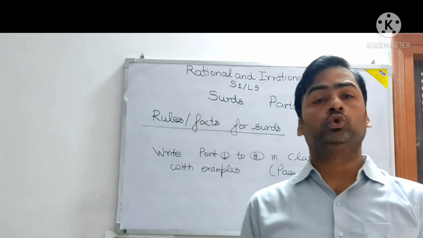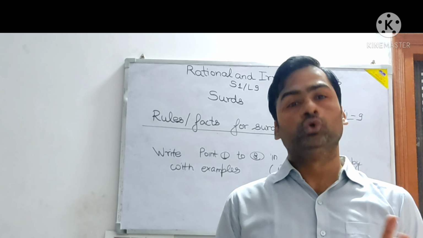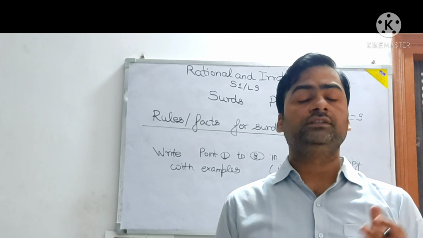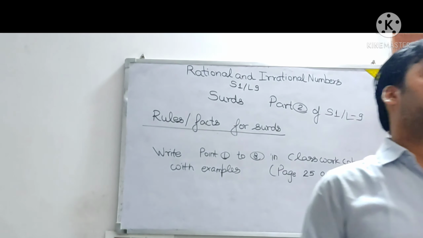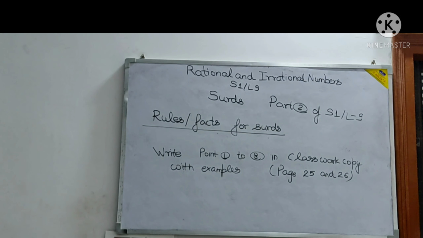Like root 2 plus root 2 is not root 4, it is 2 root 2. Root 3 plus root 3 is 2 root 3 and not root 6. That way you must understand.